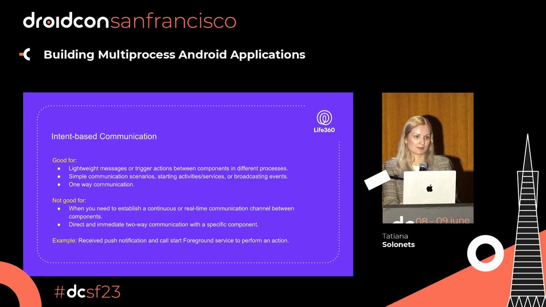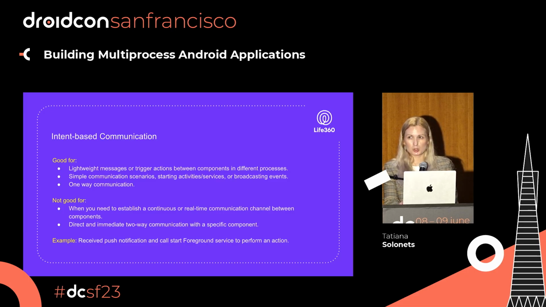Definitely it's good for one-way communication, it's good for small messages. And it's not good in cases when you need real-time, long communication. You need the channel to be open for back and forth communication. So you don't want to use it for that type of IPC.